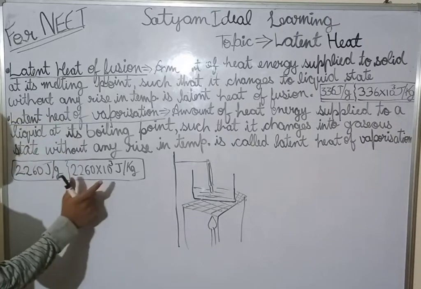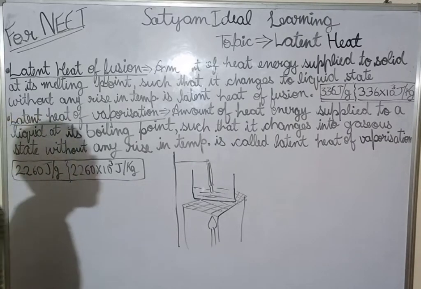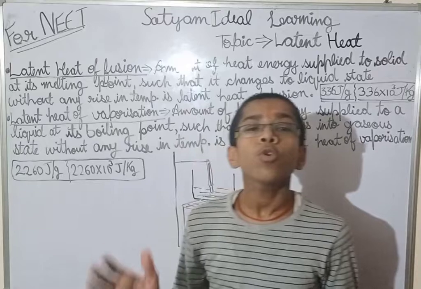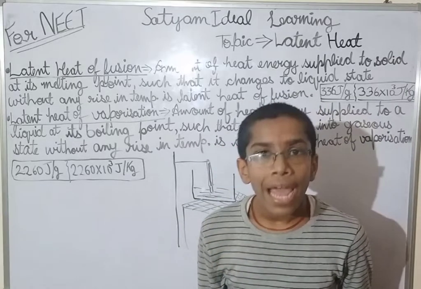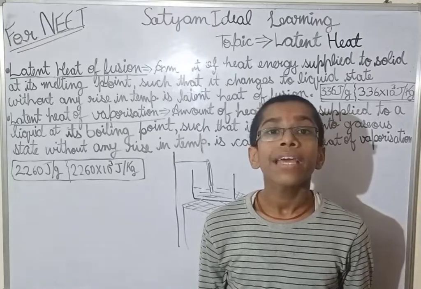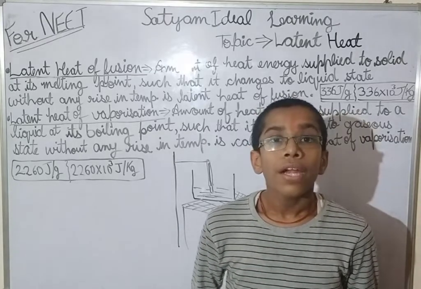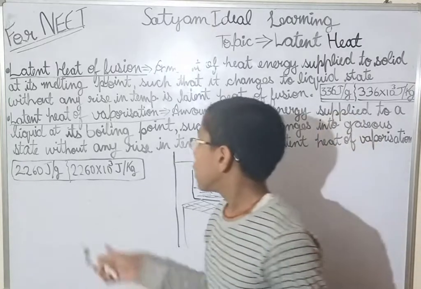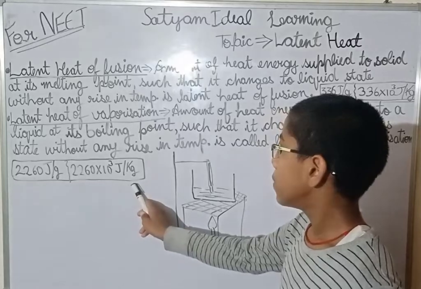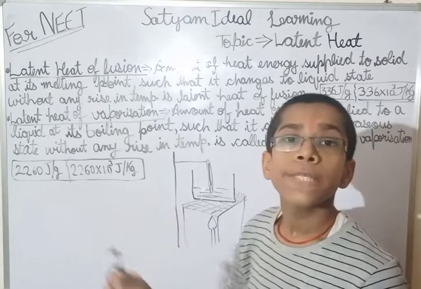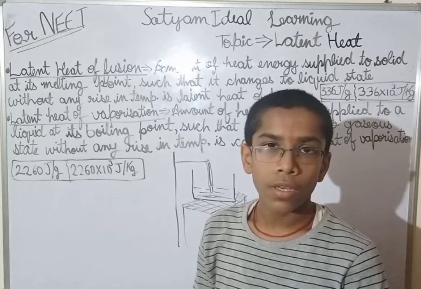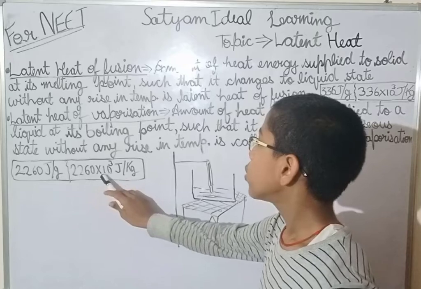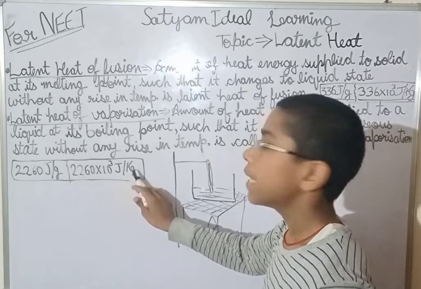The amount of heat energy required to change 1 kilogram of water at 100 degrees Celsius to steam at 100 degrees Celsius, that is known as specific latent heat of vaporization. So this is 2260 into 10 raised to power 3 joule per kilogram.